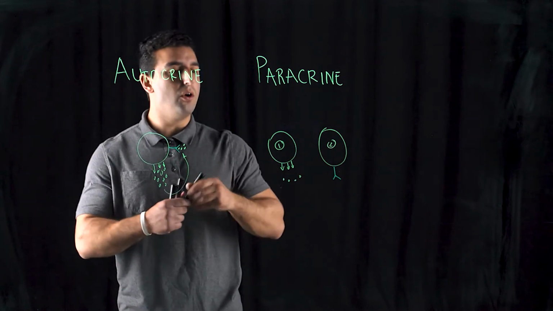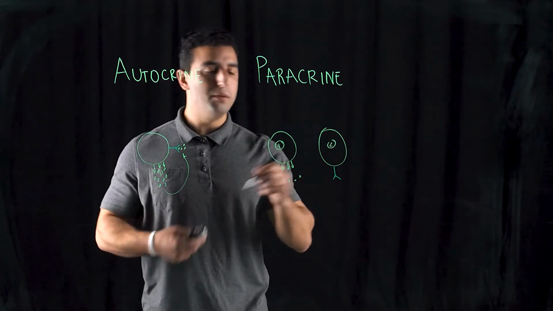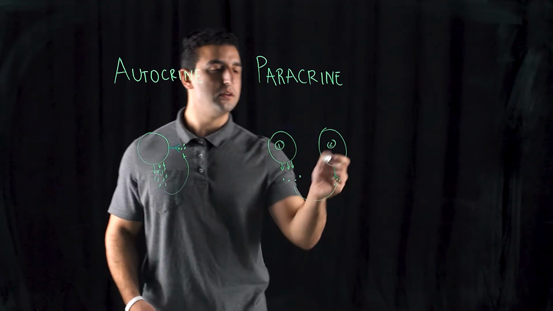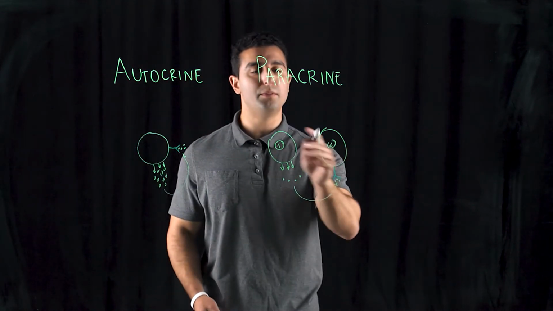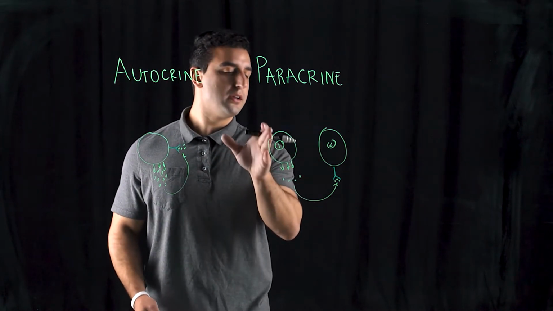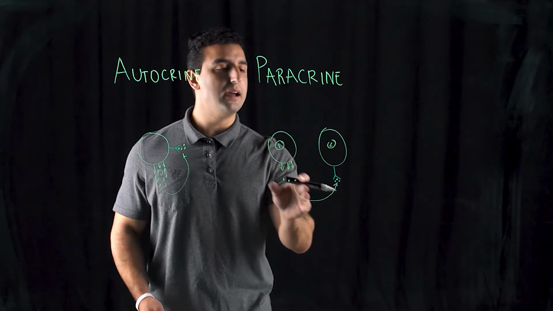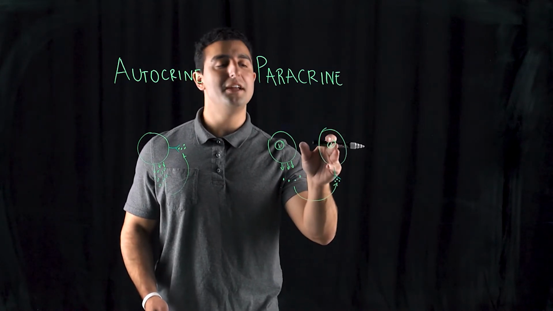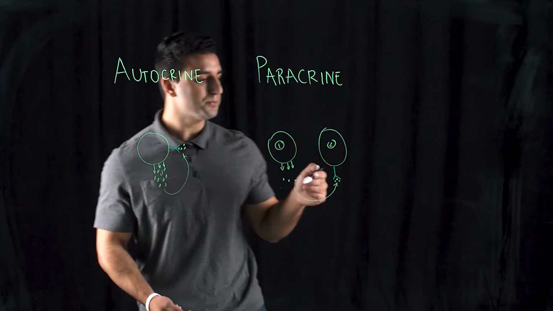All of these hormones will migrate and bind to this neighboring cell. So cell 1, some kind of epithelial tissue, secretes it, and the ligand will bind to the receptor on the neighboring cell, cell number 2.